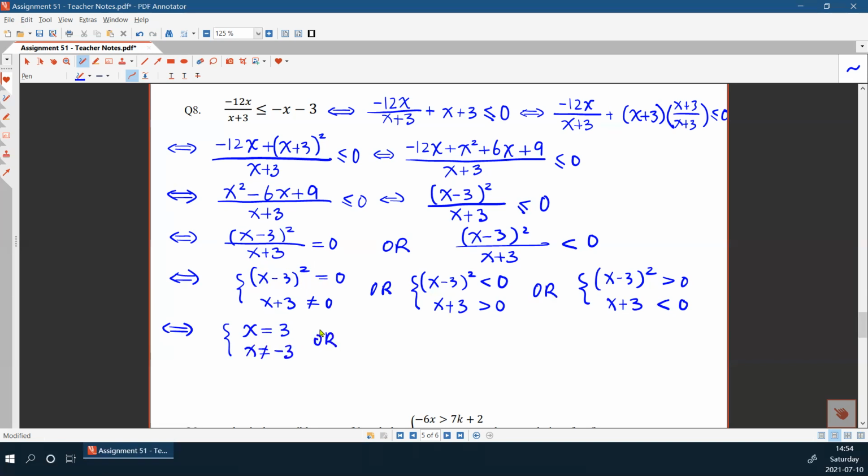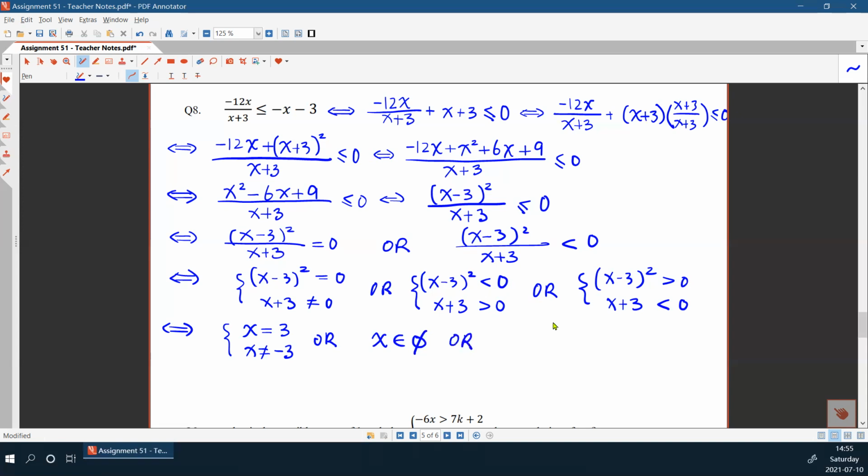This is the solution for the equation, right? Or the second branch tells us that something squared is a negative number. So this cannot happen, right? No matter what x is, x minus 3 squared must be a non-negative number. So the second branch has no solution. That means x belongs to an empty set for the second branch.